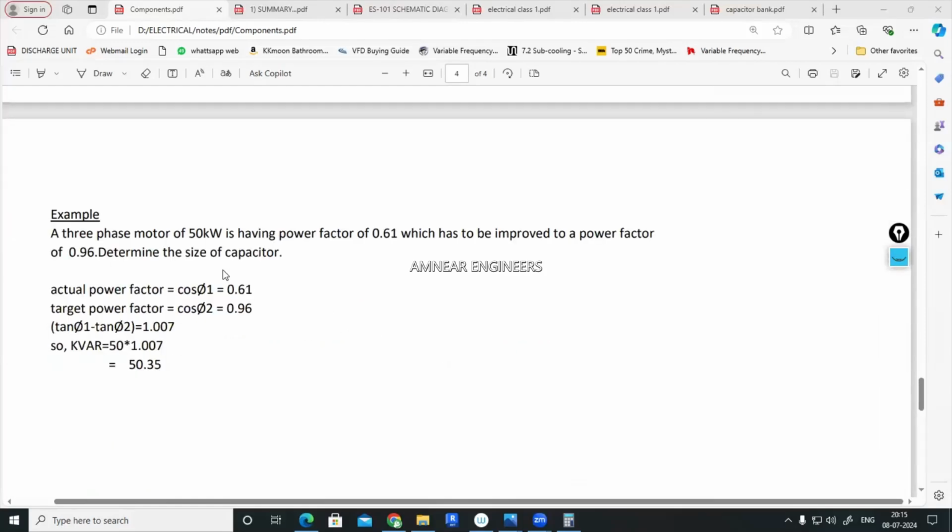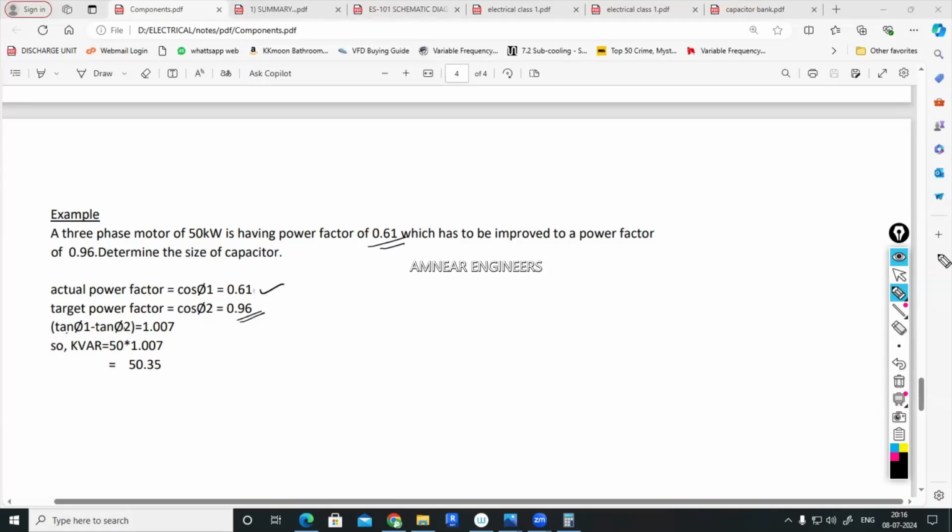Here is an example. A three-phase motor of 50 kilowatt is having a power factor of 0.61, which has to be improved to a power factor of 0.96. Determine the size of capacitor. How to size the capacitor? Actual power factor is given as 0.61, that is the current power factor. Target power factor cos phi 2 is 0.96. So we need to calculate tan phi 1 minus tan phi 2.